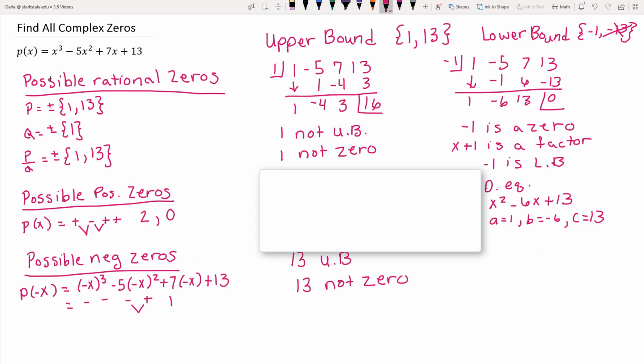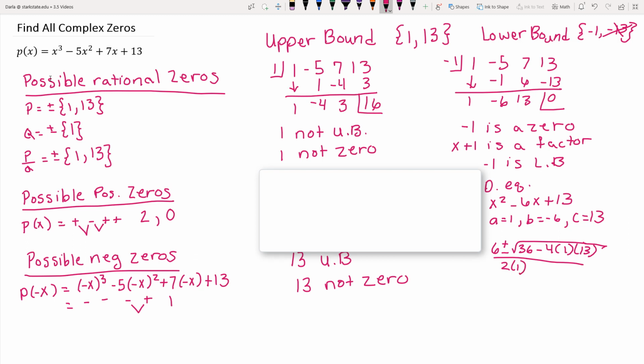So the opposite of b, plus or minus the square root of b squared, which is 36, minus 4 times a times c, all over 2 times a.